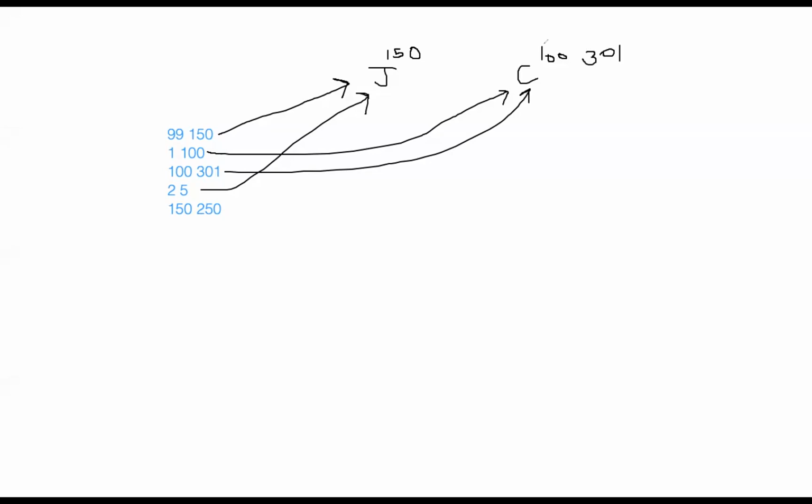Now, suppose both of them were starting at, let's say, one was 125. So let's suppose 100 to 301 is 125 to 301, and 150 is 149 to 150.